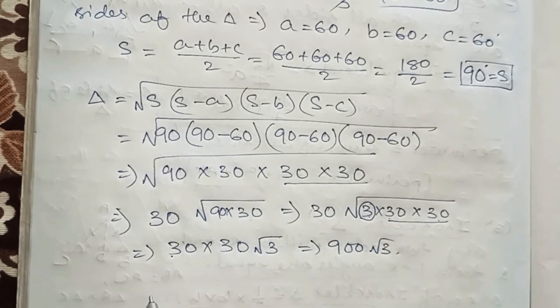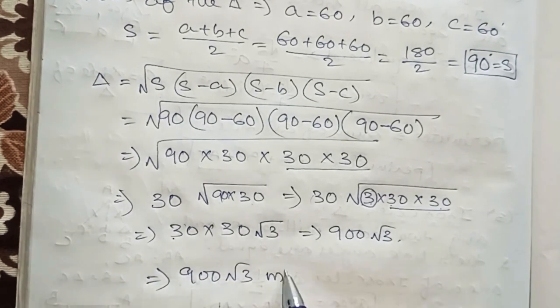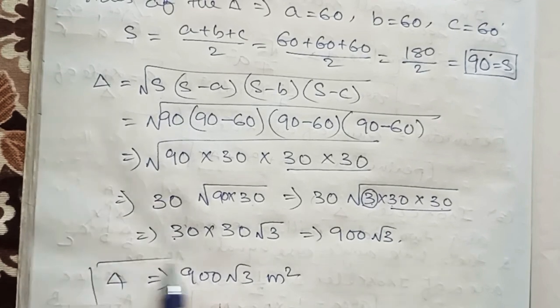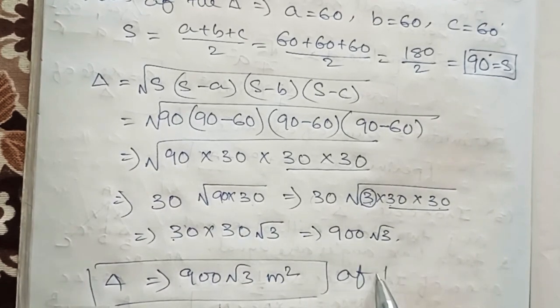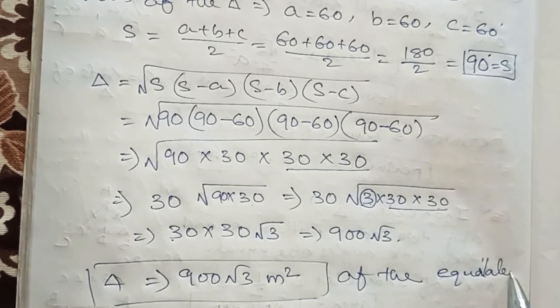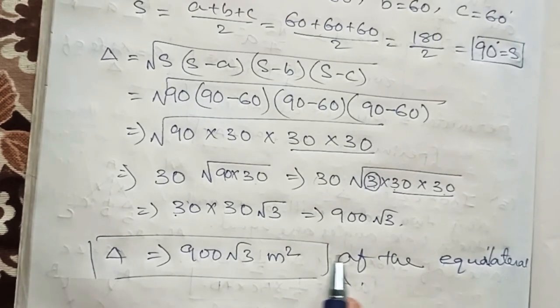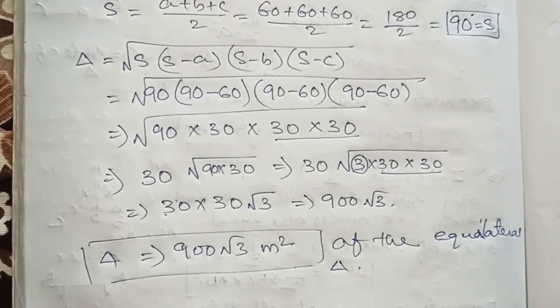So 900 root 3 meter square is the area of the equilateral triangle. So this much is the area of the traffic signal board.